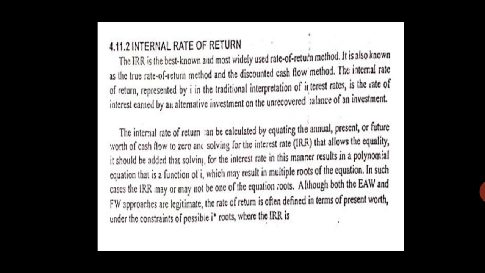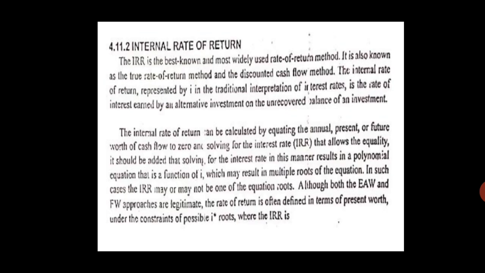In such cases, the IRR may or may not be one of the equation roots. Although both the EAW, equivalent annual worth, and future worth approaches are legitimate, the rate of return is often defined in terms of present worth under the constraints of possible i roots. You can calculate the IRR based on EAW as well as FW, but most probably it is used with the present worth method only.